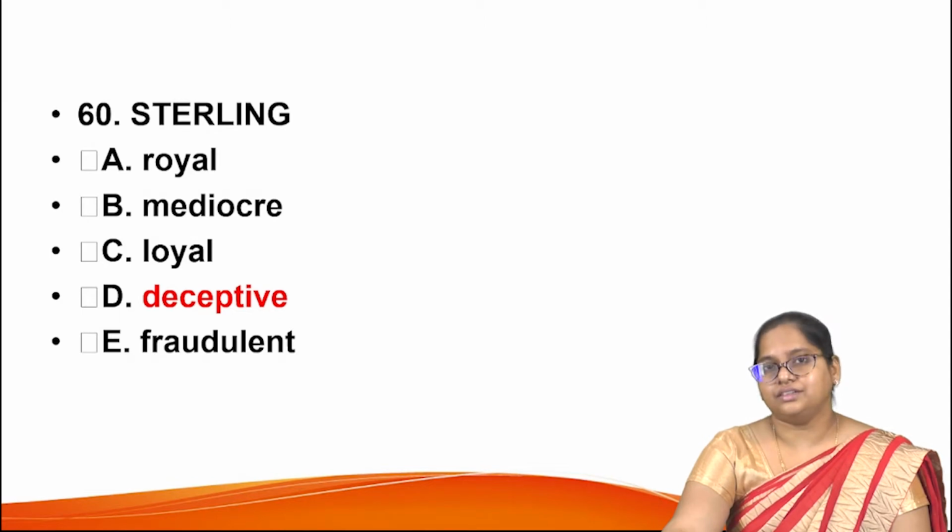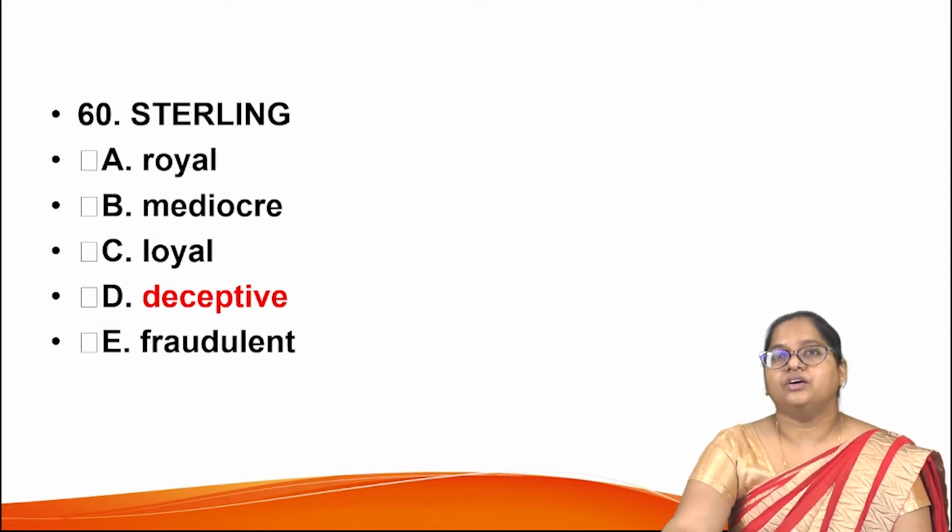Next, sterling. What is the question? What does sterling mean? Let us look at the options given. A, royal. B, mediocre. C, loyal. D, deceptive. E, fraudulent. Royal, mediocre, loyal, deceptive, fraudulent.